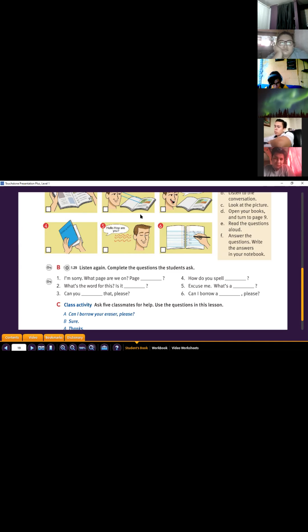Page 8? exactly. Page 8. Good. Number 2, Marvin. What's the word for this? Is it a desk? Good. Is it a desk? Good.